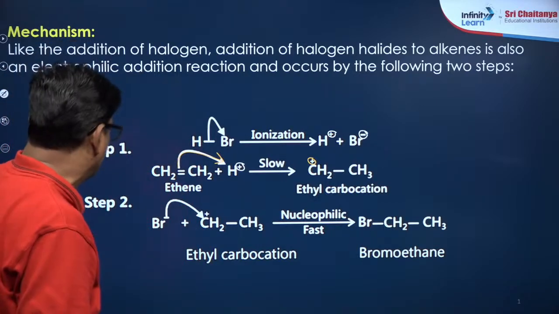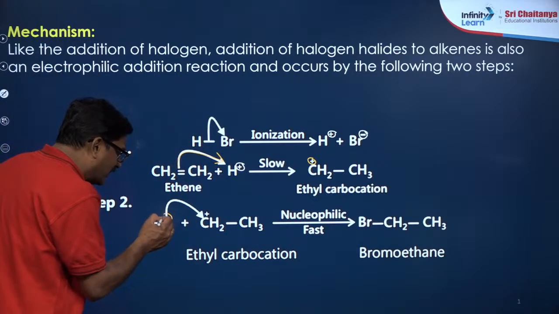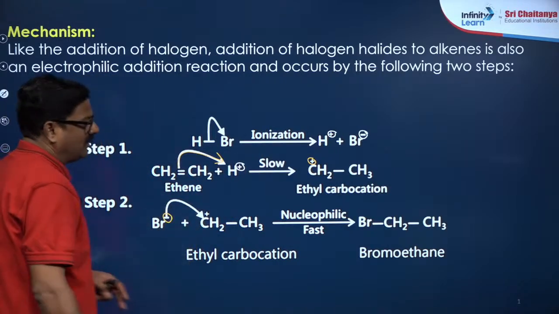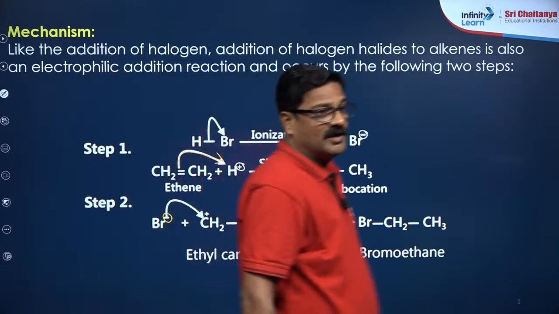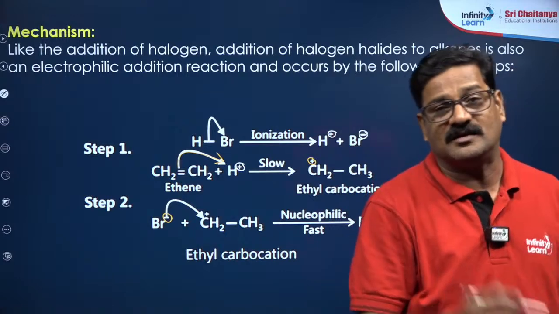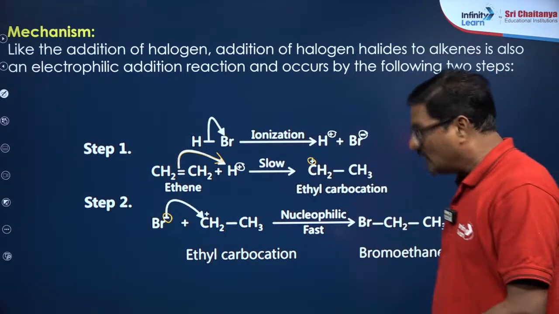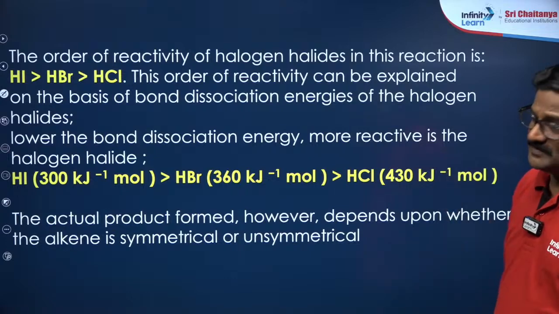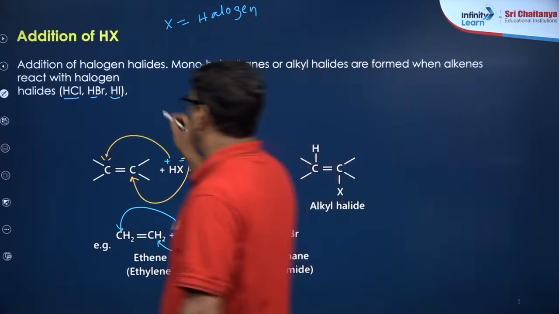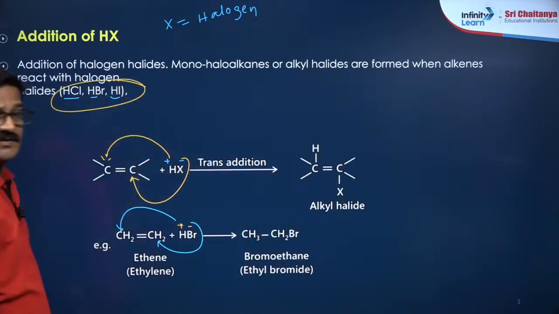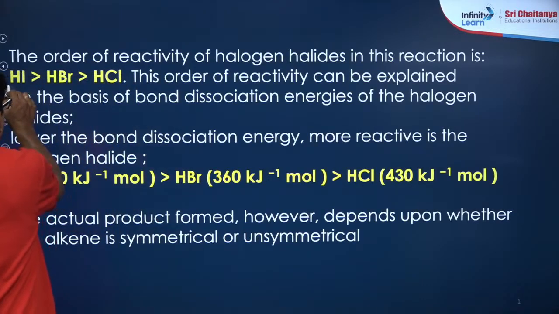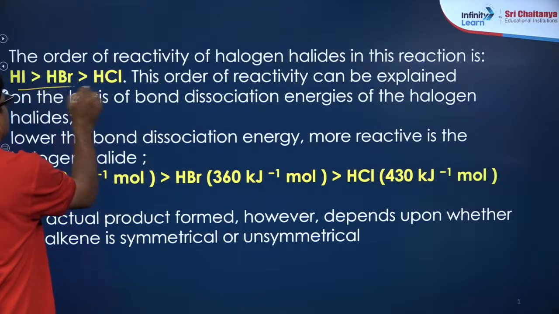This carbocation is going to be attacked by the Br minus, and you will get bromoethane as the product. ठीक है. Let's talk about addition. The order of reactivity of this HI, HBr, HCl, that's very important. HBr, HI, HCl follows the order like that.